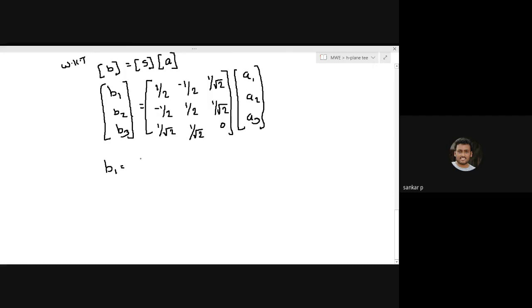Then B1 is equal to A1 by 2 minus A2 by 2 plus A3 by root 2. Again, B2 is equal to minus A1 by 2 plus A2 by 2 plus A3 by root 2.